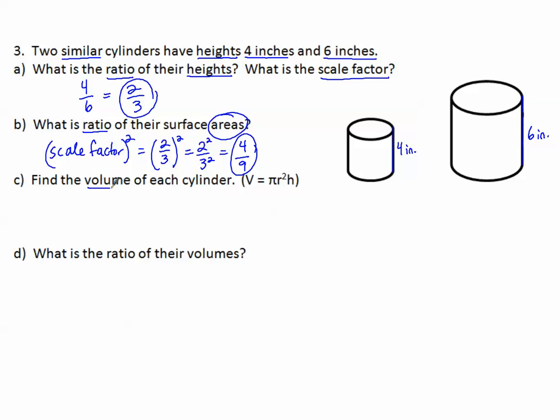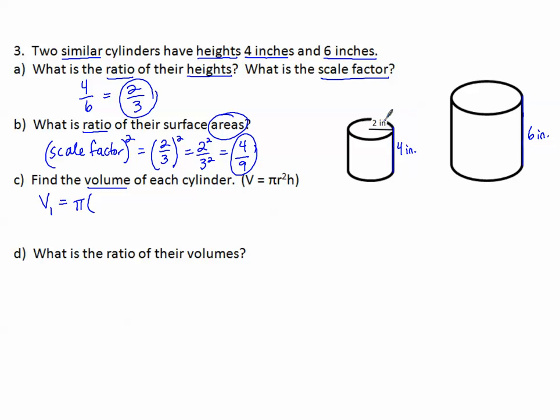Next, find the volume of each cylinder. Here's the formula for volume. Let's compute it. The volume of the first cylinder, V sub 1, is pi r squared h. So our first volume is pi, radius squared times height.